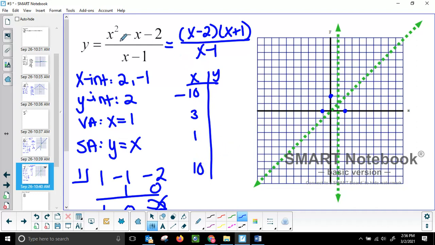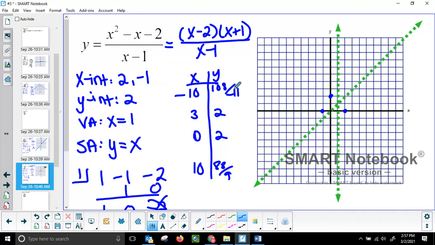When we plug -10 in here, we get 110, 108 over -11. When we plug 3 in here, we get 9, 6, 4 over 2, which is just 2. When we plug in 1, we get -2. Oh, yeah, we can't plug in 1. That's my vertical asymptote. That's 2. And then when we plug in 10, 190, 88 over 9.